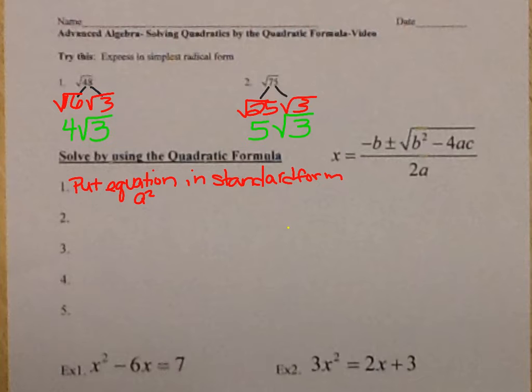Sorry, I wrote that wrong. That would be ax squared plus bx plus c equals 0. So basically, you should have your x squared first, your x, and then your c, and it should be equal to 0.